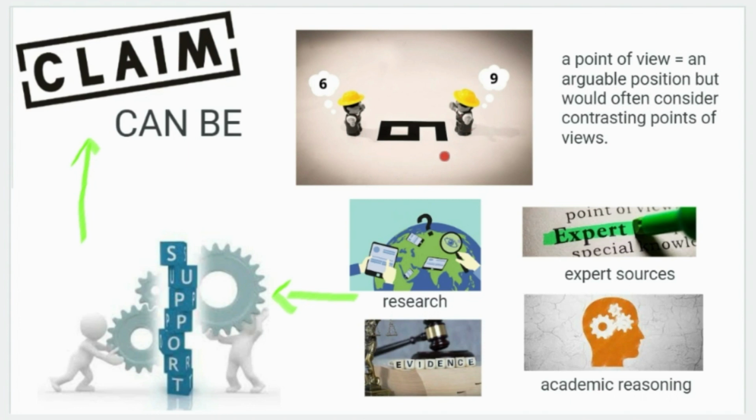This person also can think that it's 9. But when it's academic or a formal context, you should evaluate whether it is correct, right? So a point of view is an arguable position. In that arguable position, you are saying that okay, perhaps from that side it looks like a 9. So you're considering contrasting points of view also, and then making some kind of claim.